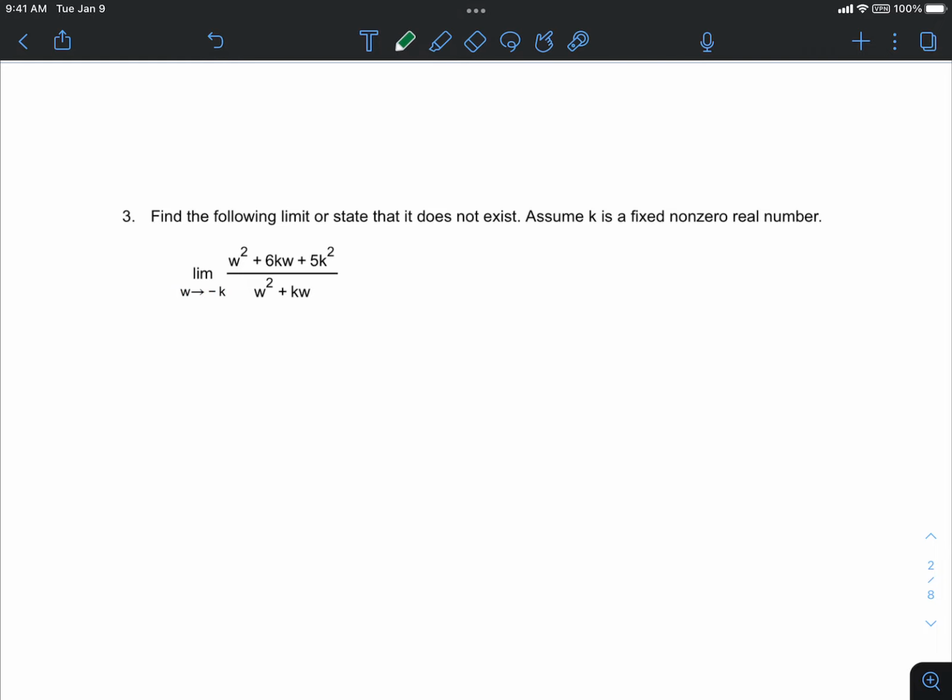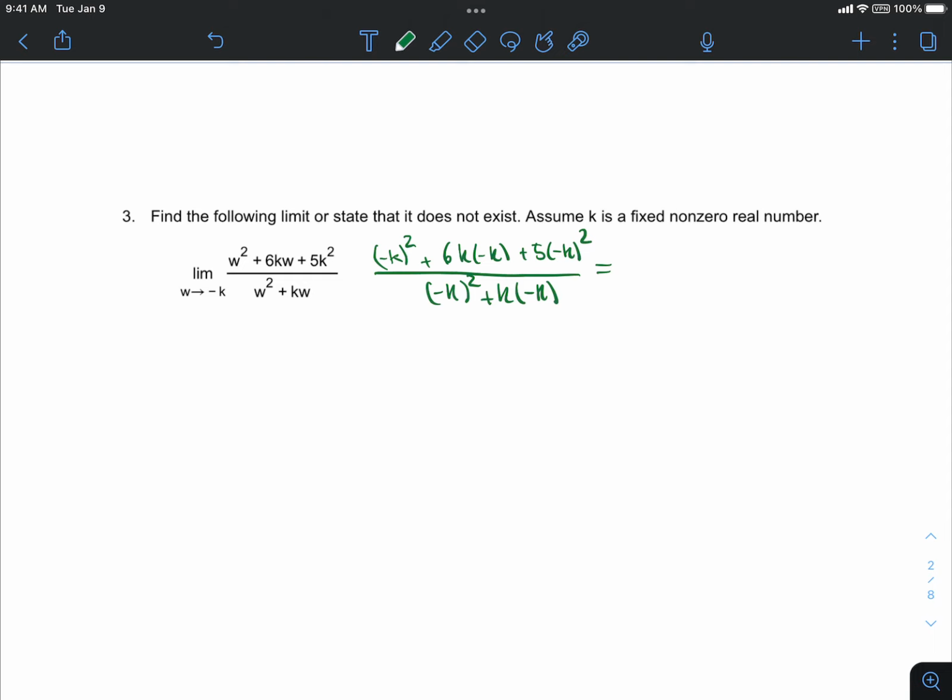So how do I plug w equal to minus k to get hopefully a number out of this? Minus k squared plus 6k minus k. So whenever I see a w, I plug in a minus k, plus 5 minus k squared. And then the bottom is minus k squared plus k minus k.